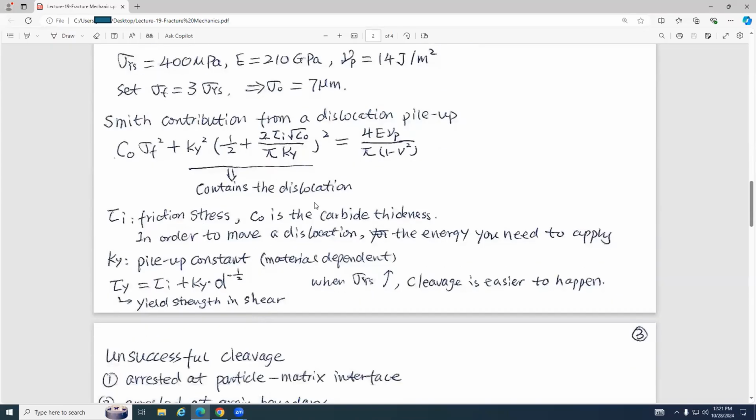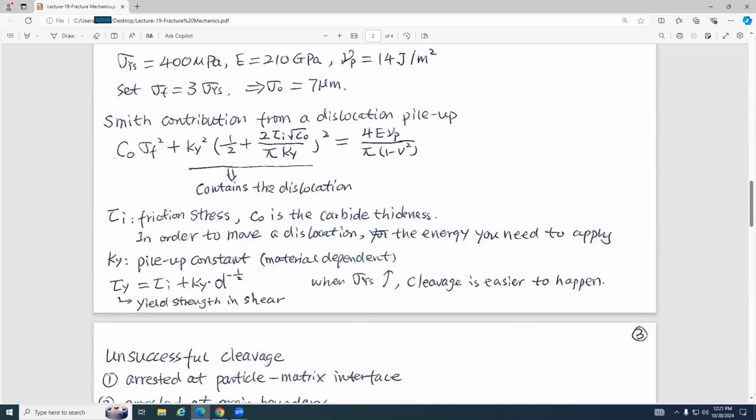Any questions regarding this equation? No questions? You don't need to memorize this equation. What I need you to do is, if I ask you, you know what it is.